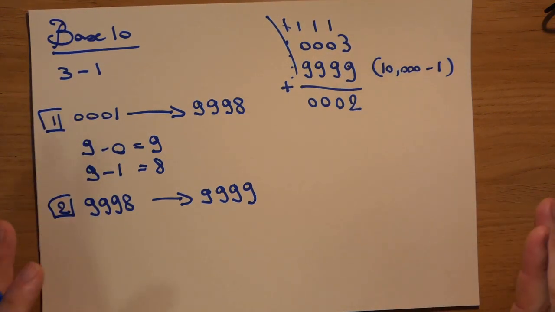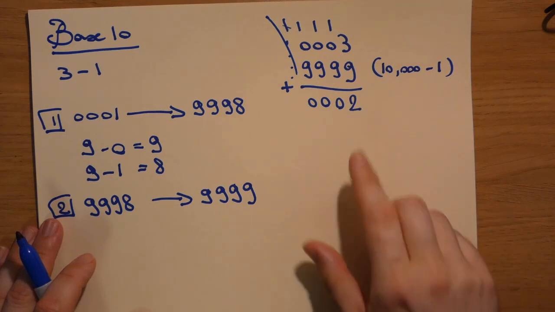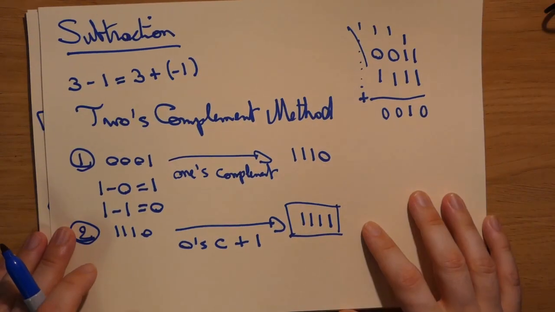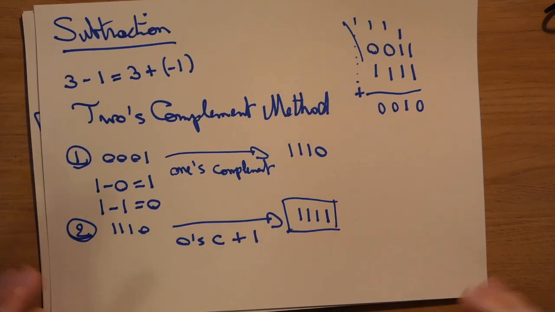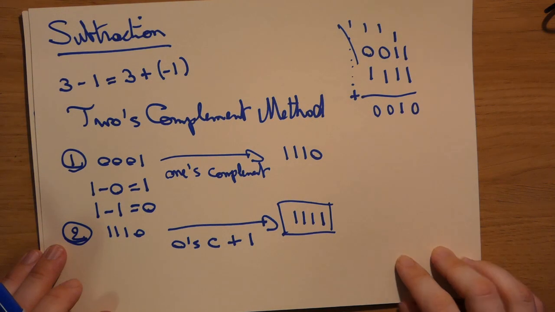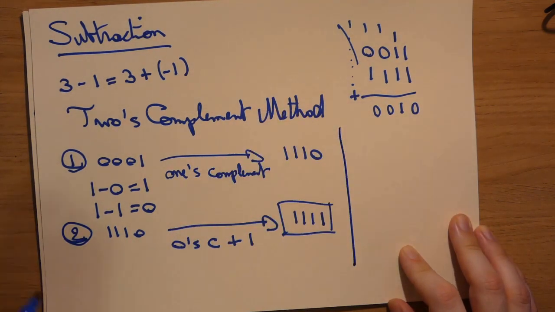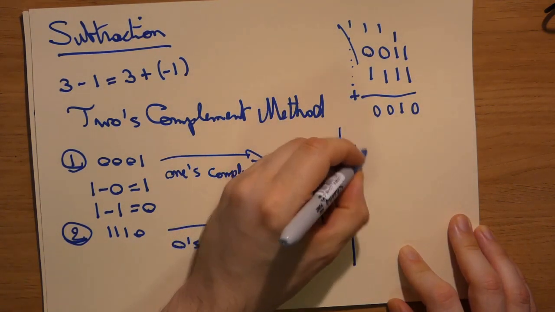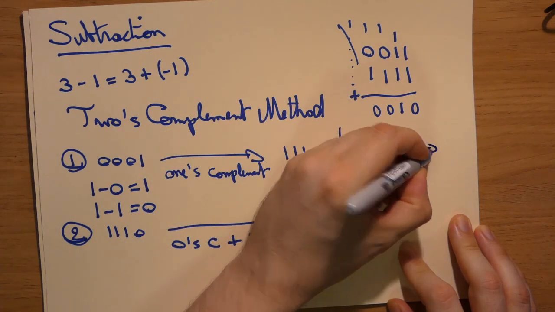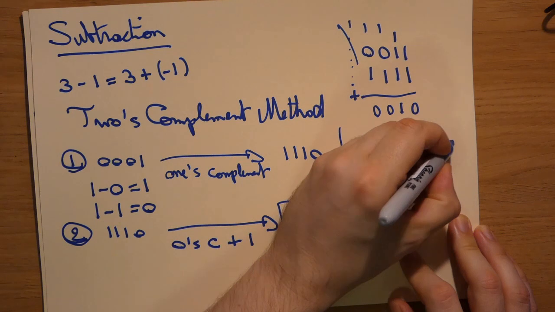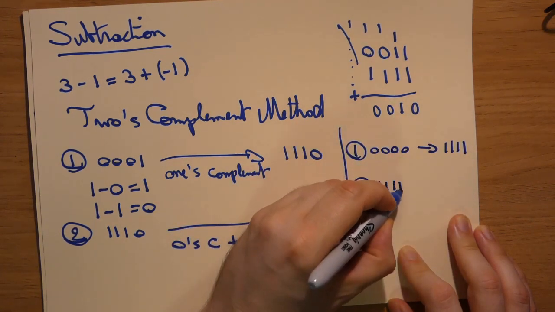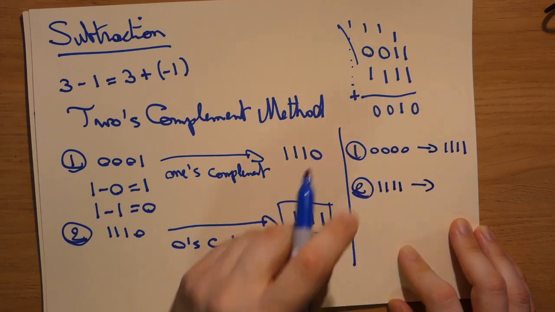Okay, so hopefully that gives you a better idea of why this 2's complement method really works, and it always works. Another interesting thing to note is that if I do this with 0, I take the 1's complement, and then I add 1 to the 1's complement.